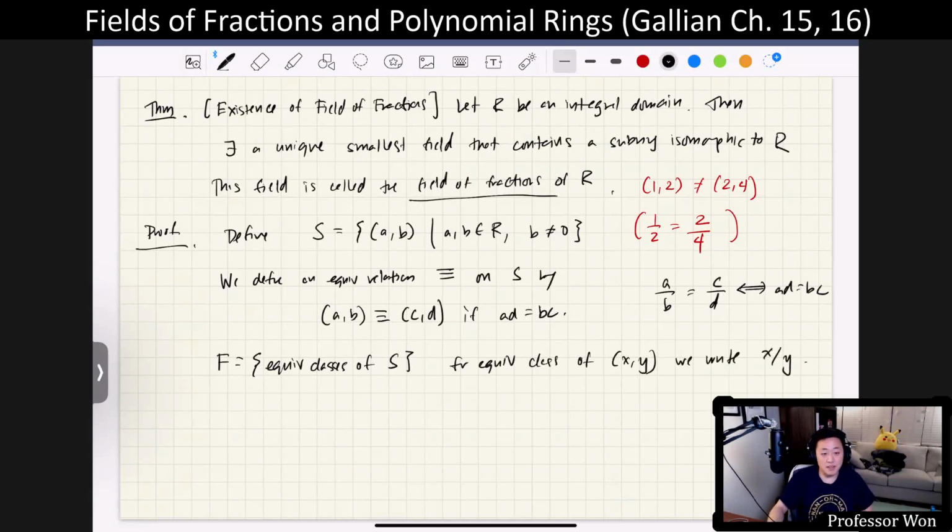So we're trying to mimic the construction that we have for rational numbers. Really, a fraction is not just a numerator and a denominator, but an equivalence class of numerators and denominators, right? So this F is going to be our field of fractions. Right now, we've defined it as a set. It's a set of all equivalence classes of ordered pairs. Now, how should we define addition and multiplication?